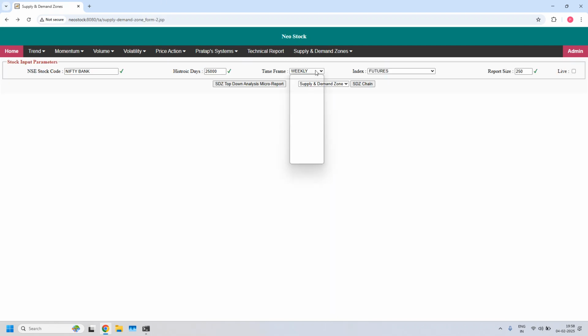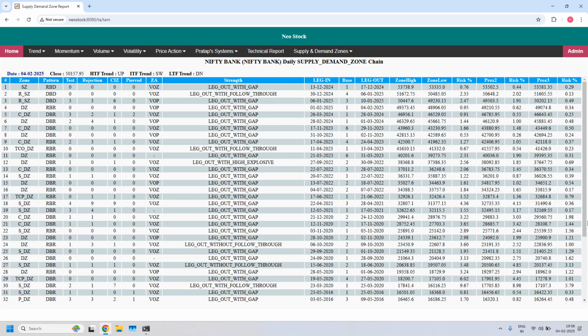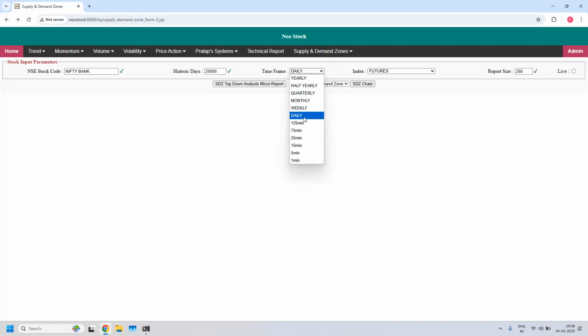Next, daily supply demand zone chain for Bank Nifty. Next, 125-minute supply demand zone chain for Bank Nifty.